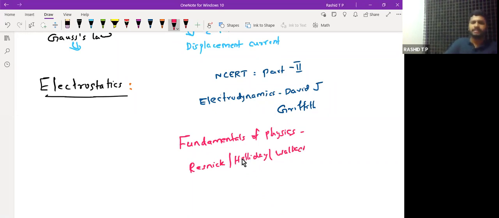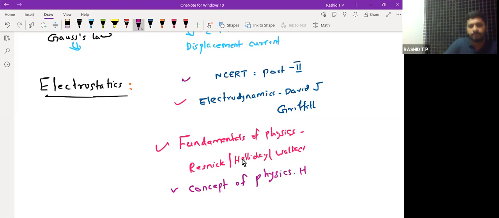One more book is there if you are interested. Suppose you don't know some concept, then you can refer to these books, and if your time permits, please try to do the problems also from this textbook. Here I follow all these books, and one more book is Concepts of Physics by H.C. Verma.